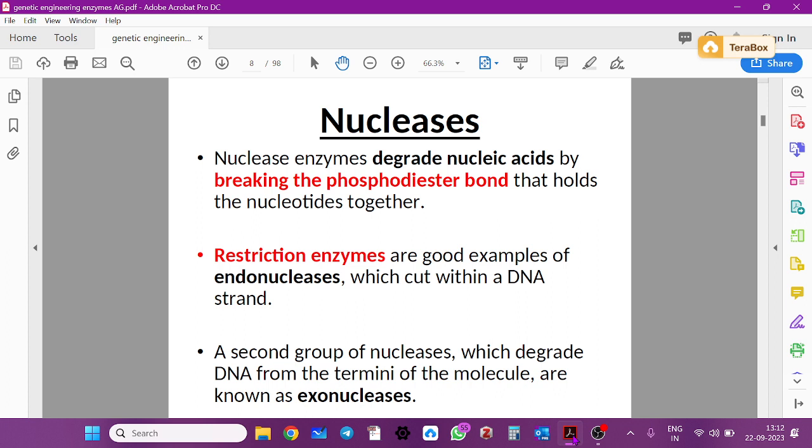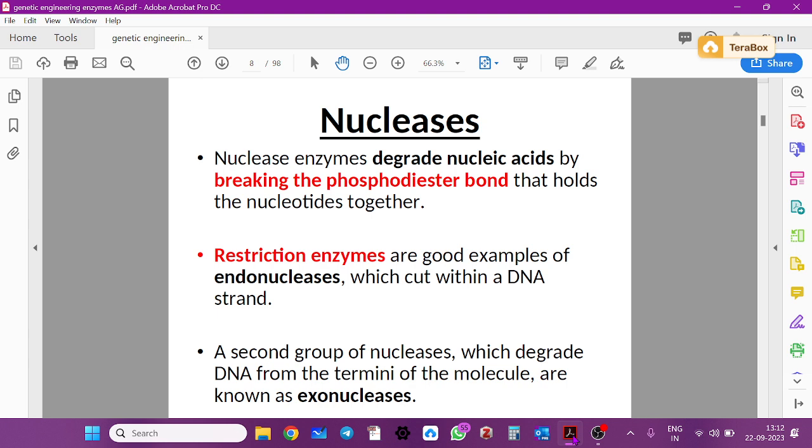Okay. Endonuclease, the word. There are two types of words you have to use: endonuclease and another is exonuclease. There are two types of nucleases.